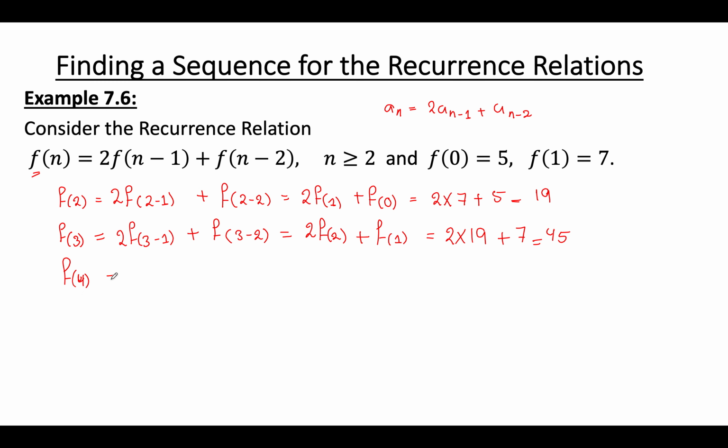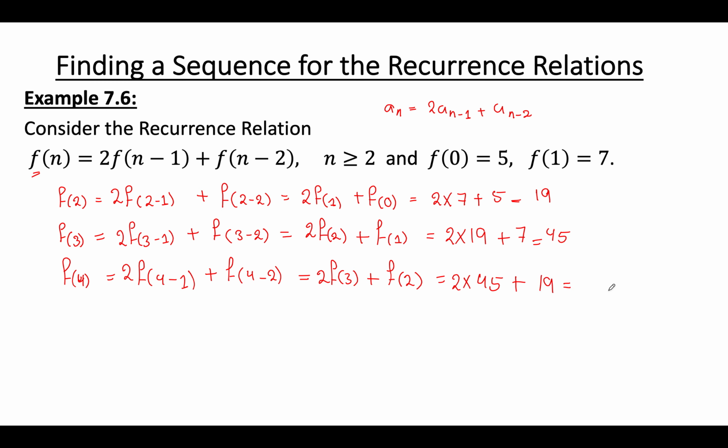Now for n equal to 4, f(4). f(4) is equal to 2f(4-1) plus f(4-2). And this is equal to 2f(3) plus f(2). So here we have 2 times f(3), which is 45, plus f(2), which is 19.